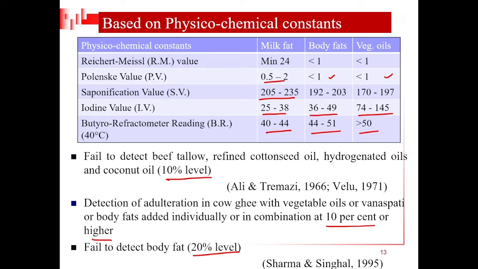We know that the ratio of saturated to unsaturated fat in ghee is 70 to 30%. So they mostly add animal body fat and vegetable oil in the ratio 1:3, so that their physicochemical constant values fall in the range for ghee.